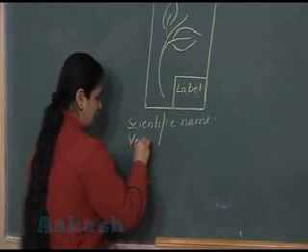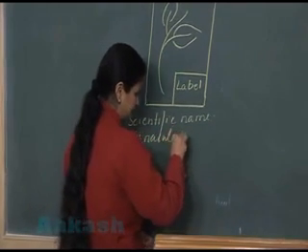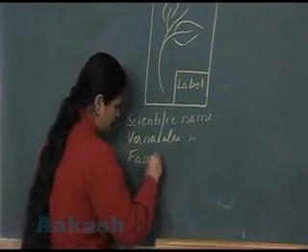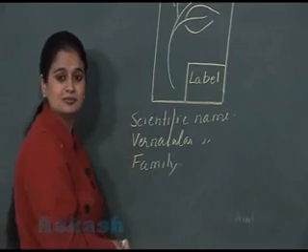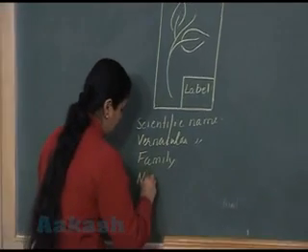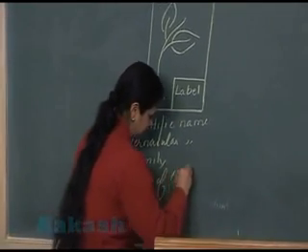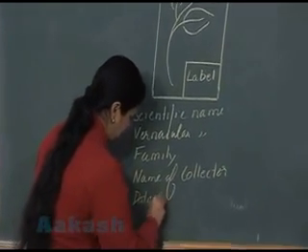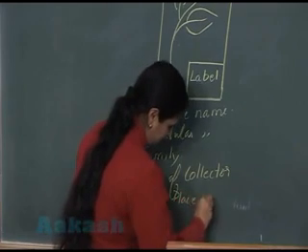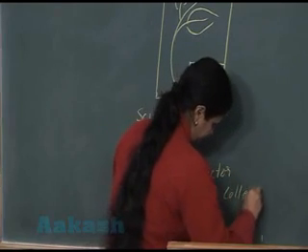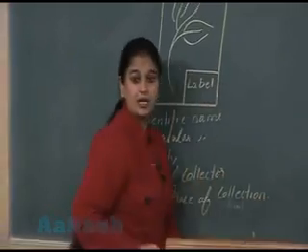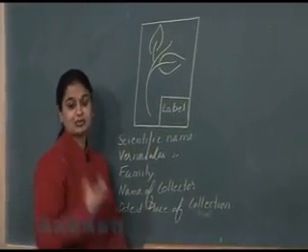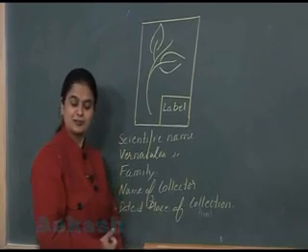Along with that there should be vernacular name, family to which this plant belongs, name of collector, date and place of collection. Along with that, we can also write some of the economic importance, that is the utility of plant. Right?